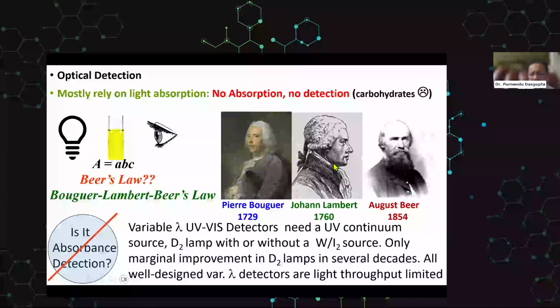Lambert, many years later in his book, put that in mathematical formalism. And all Beer did, another 100 years later, was say, okay, the number of molecules in the path also extinguishes it exponentially.